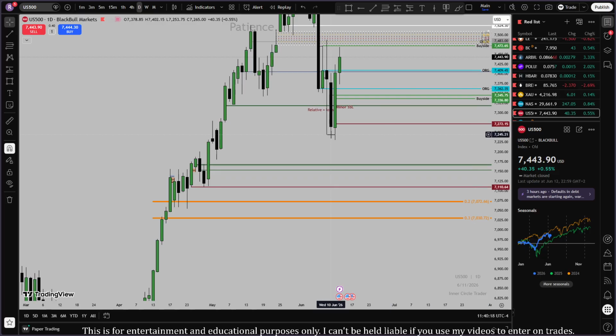So NAS left no relative equal lows, right? So that's why we can see NAS try and draw for that, while ES fails to draw for it, and they're gonna 100% still sweep it, right? But I think NAS will be the one to hit it first before ES.